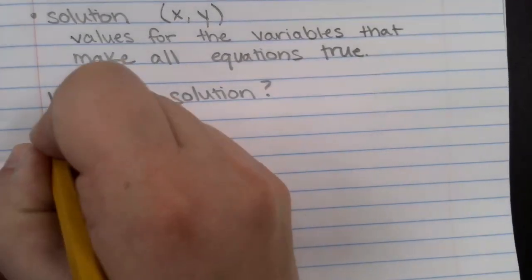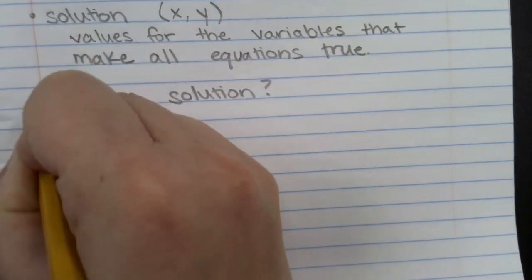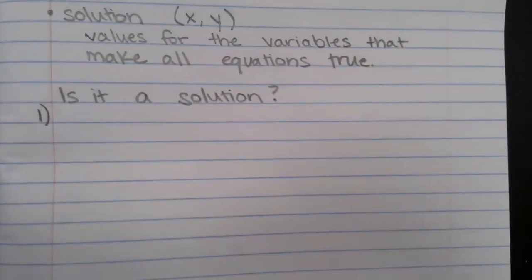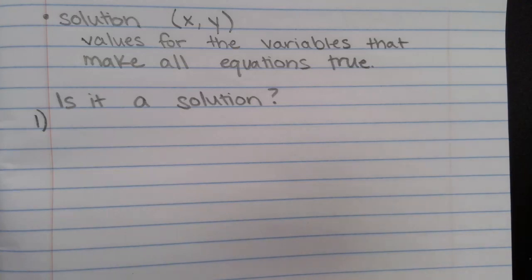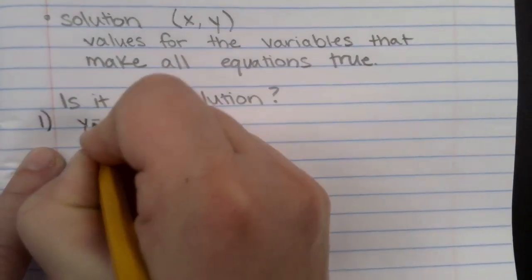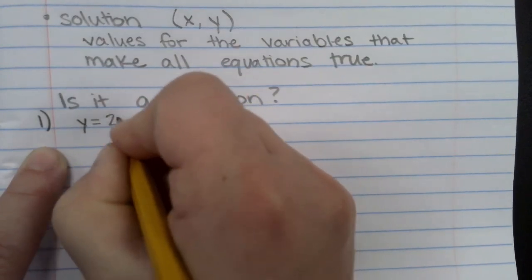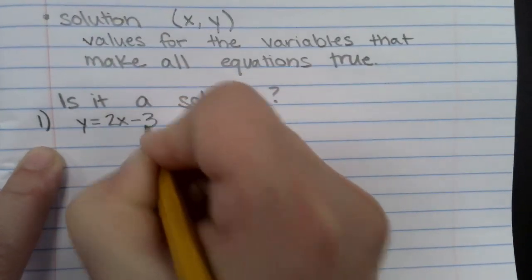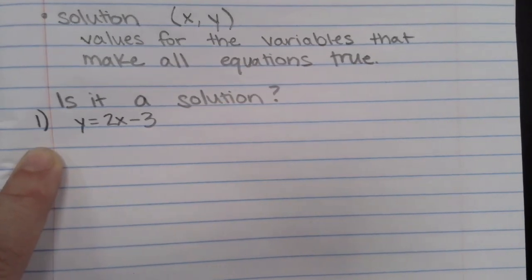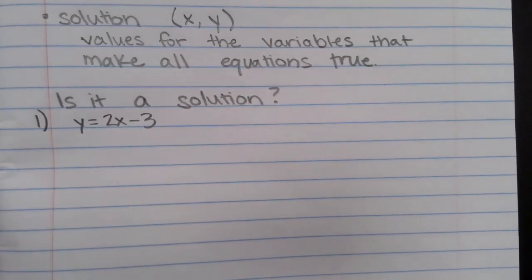All right, so for example number 1. We have y equals 2x minus 3. That's one equation. Remember, we're working with 2 equations. When we do a system, we always stack them.